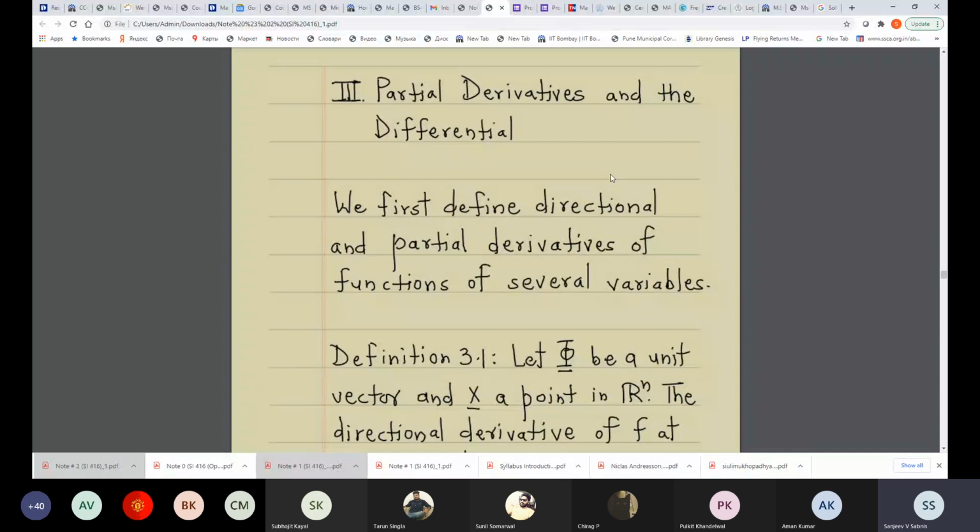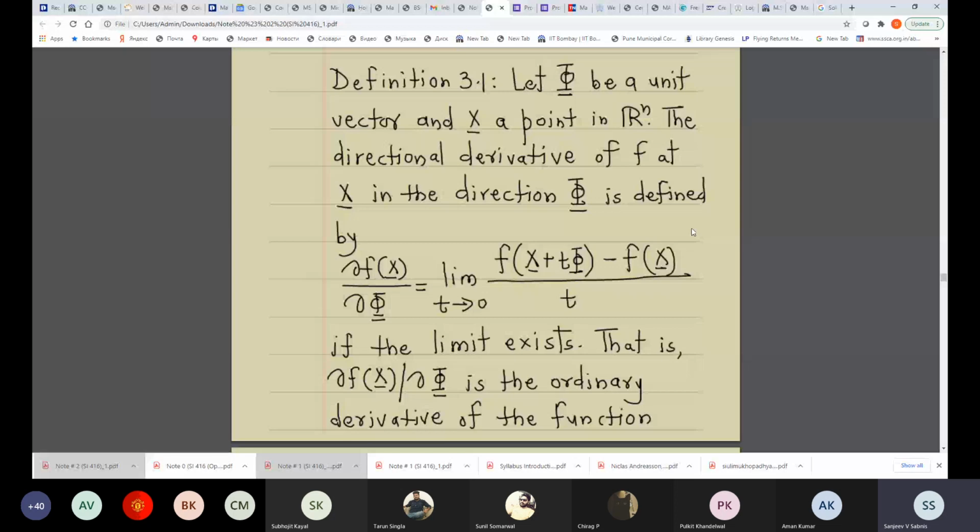So let's begin with Definition 3.1. Let phi be a unit vector and x be a point in Rn. Then the directional derivative of f at x in the direction of phi, which is a unit vector, is defined by this.